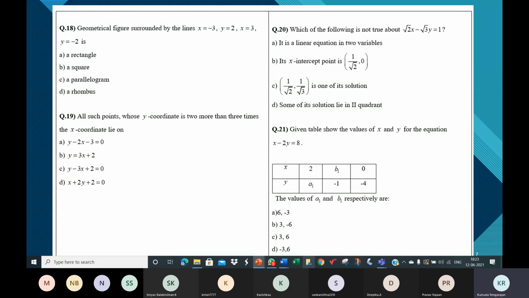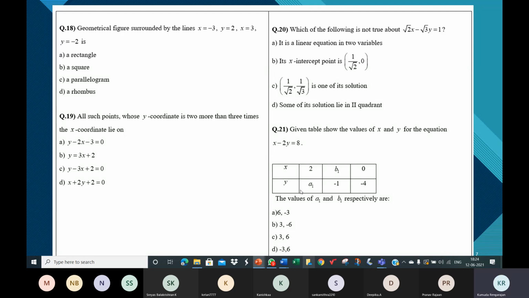Children, these are not the X and Y values. Don't get confused. The values of A1 and B1 are, meaning this is not an ordered pair. It's not 6 comma minus 3 ordered pair. When X is 2, the value of Y is minus 3. That is the value of A1 is, sorry, minus 3.